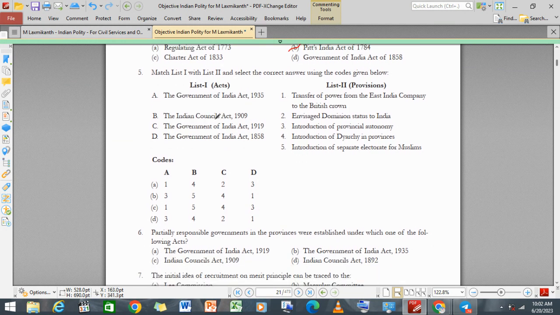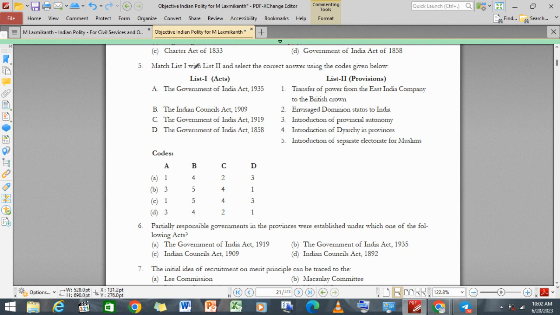So yeah, fifth. Now we have to match the following list one with list two given below. Government of India Act 1935, Indian Councils Act 1909, Government of India Act 1919, and Government of India Act 1858. That means this one is Crown, this is again Crown. All of them are Crown, right? Crown rule. It is all about the Crown rule, and we have to set transfer of power from East India Company to the British Crown.